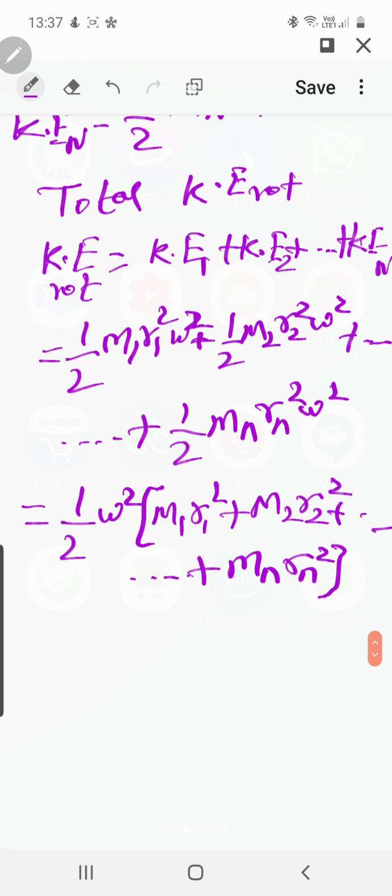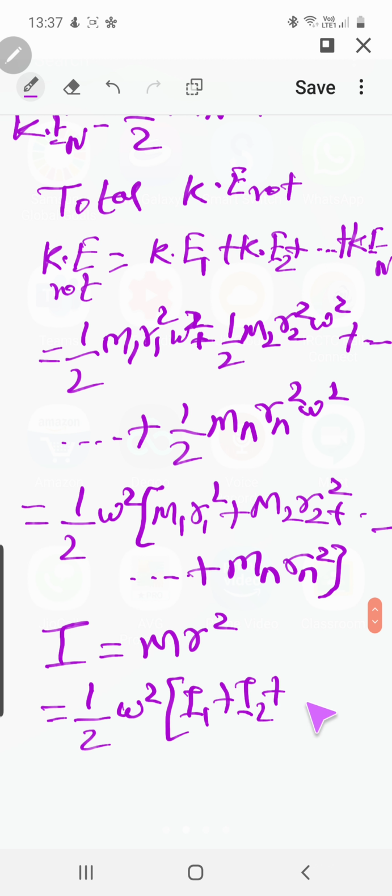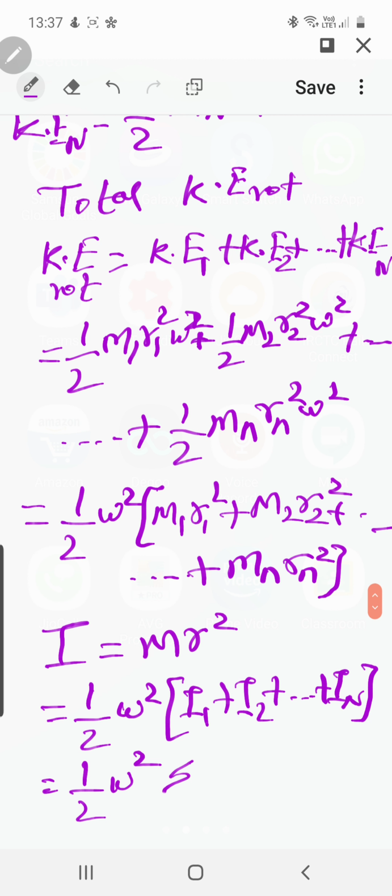Now you know that I is equal to m r square, therefore it will be half omega square times I1 plus I2 plus so on plus In. Therefore this can be written as half omega square times the summation of I from i equal to 1 to n.